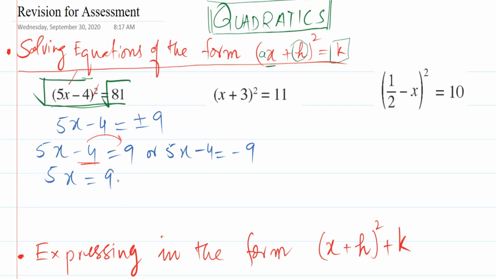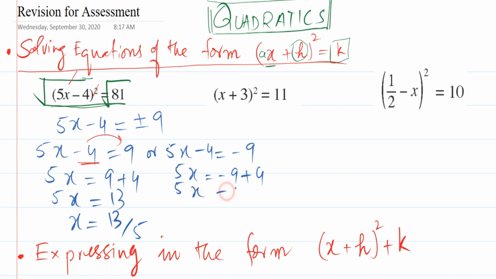So 5x is equal to 9 plus 4, which is 13, and x is equal to 13 over 5. The other option is 5x is equal to minus 9 plus 4, so 5x is equal to minus 5, and x is equal to minus 5 over 5, so x is equal to minus 1. So there are two answers here.